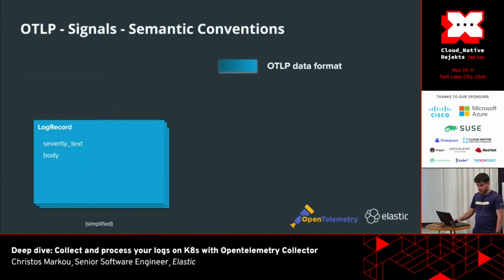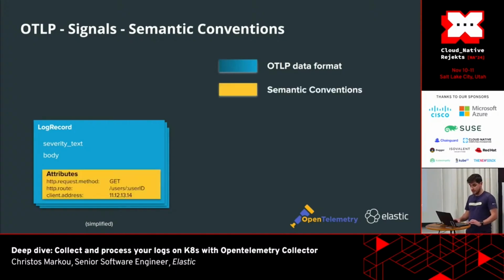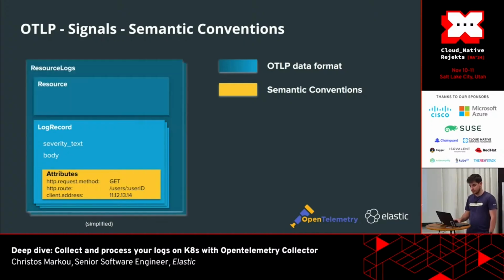So with the OpenTelemetry protocol, we can describe logs using the specific definition that the protocol provides. So for example, to describe a log, we have a specific field in the structure to put the body of the log, another one to describe the severity of this log, and we have specific space for storing additional attributes which follow the semantic conventions.